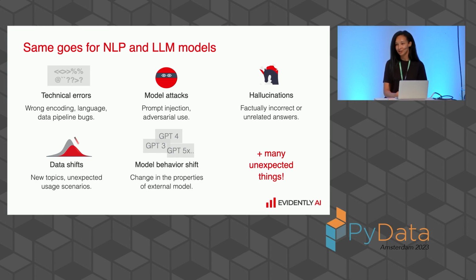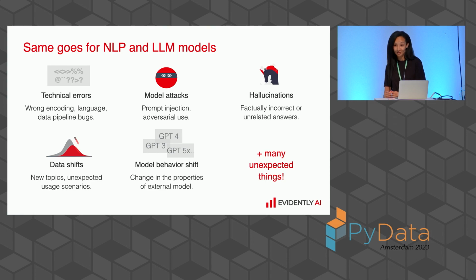Pretty often, especially when it comes to using transformers, we use third-party models through APIs, and it's pretty important to check for model behavior, because if this model has been retrained, for example, or updated, then probably you can face some issues on your subset of queries you use this transformer for. So it's important to track for model behavior shifts.